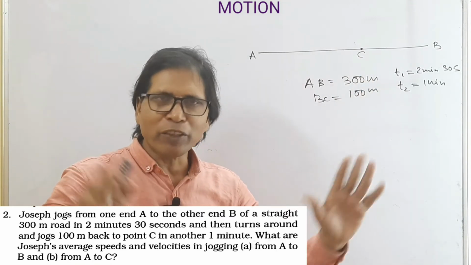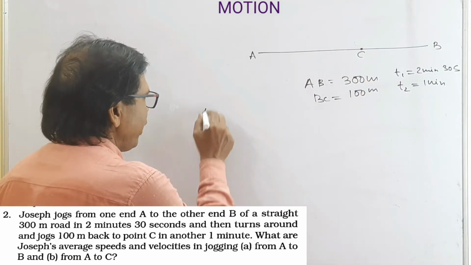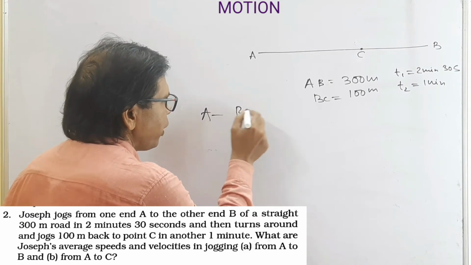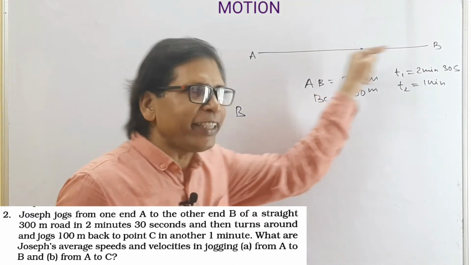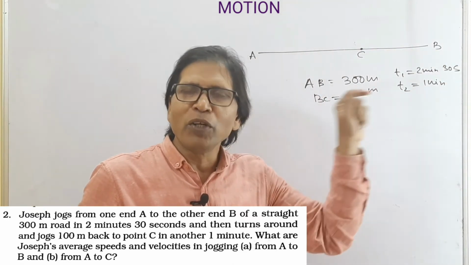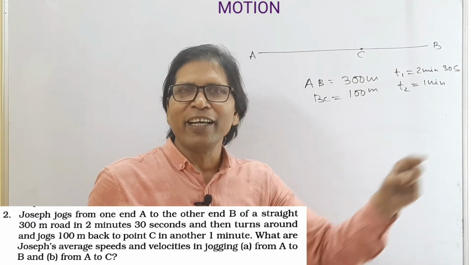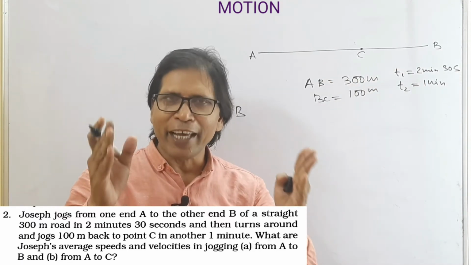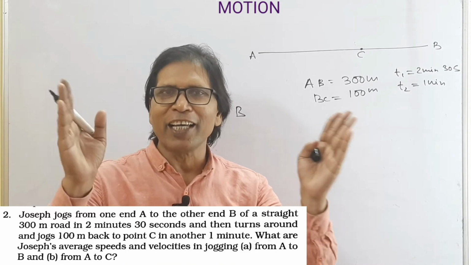Now first of all, in the path A to B, this is a straight line path, motion in same direction, so average speed and average velocity are equal.